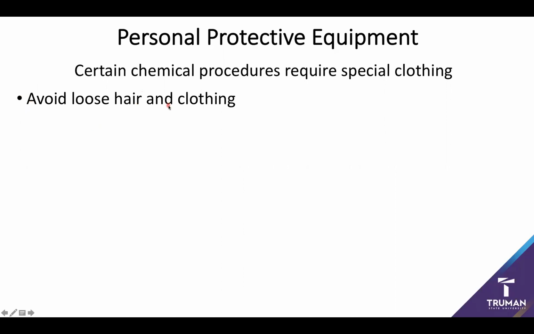But also one of the things you should watch out for is loose clothing and jewelry. So, for example, one of the specific things you should watch out for is the use of bracelets, whether they're cloth or metal. And a good example of this is if you're working with, say, something like a cryogenic liquid, like liquid nitrogen, as liquid nitrogen is quite cold and non-polar.